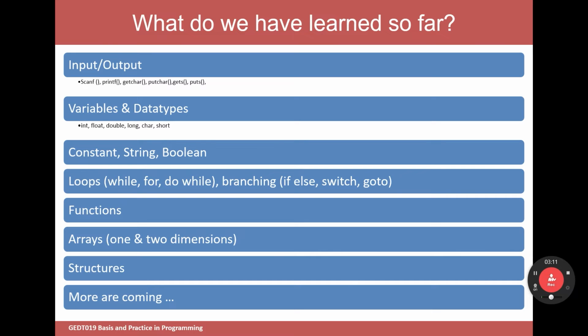Then we learned structures, and we said the main purpose of a structure is to save variables which are related to each other in one block. For example, student ID, student name, student age, student GPA, and student courses are all related to students, so we can create a structure of students and save all of this data inside it.